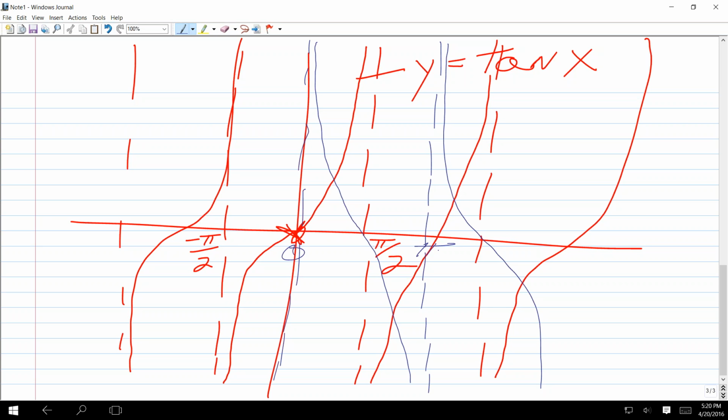In other words, it also has a period of pi, but its vertical asymptotes are every multiple of pi, not pi over 2. And notice the difference between tangent and cotangent. Cotangent's always decreasing. Tangent's always increasing.